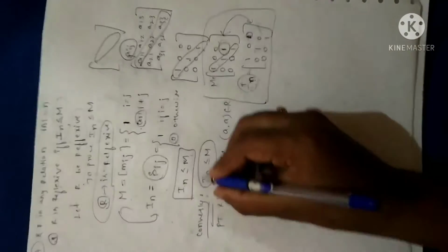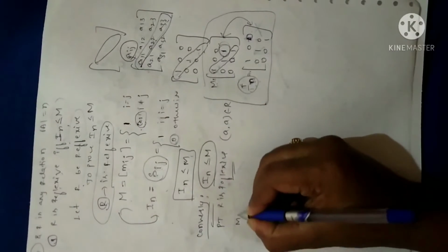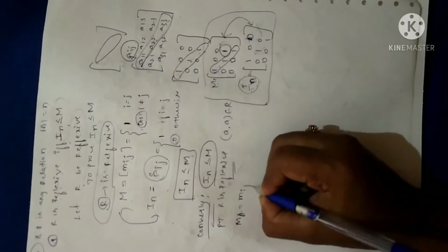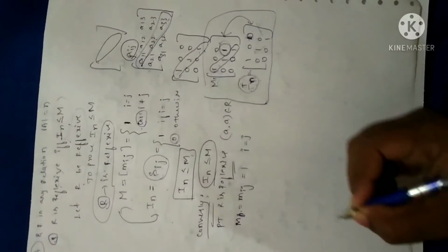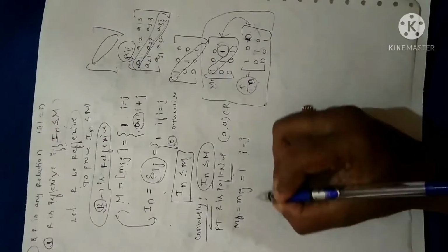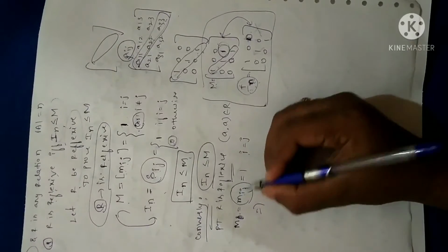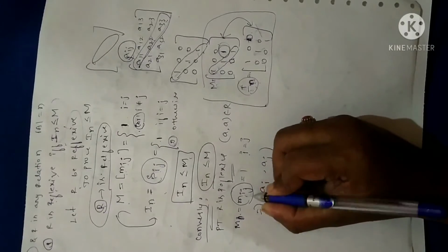Now, what I have assumed is In is less than or equal to M. Now, the definition of mij: if matrix M has an element, say mij, it will take value 1 when i is equal to j. Am I correct? The meaning of this statement is that if you take any element, say (ai, aj), in this particular matrix, mij.